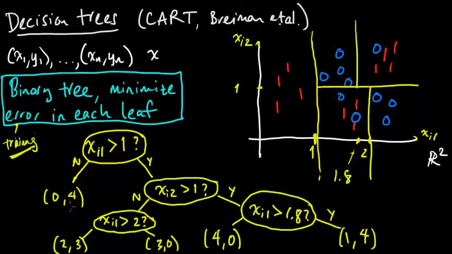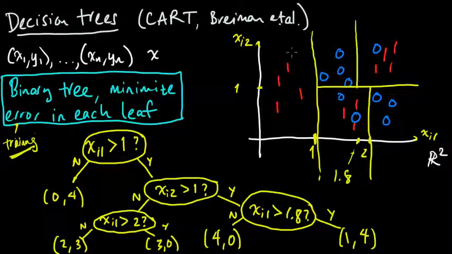To minimize the error at each leaf, since this is classification, we would just take a majority vote. So any new point that falls down this path and ends up at this leaf, we would classify as a 1.